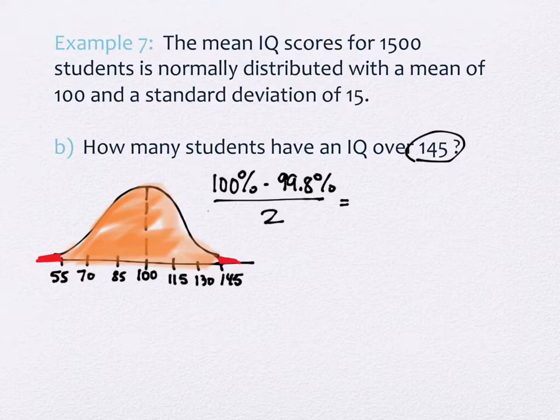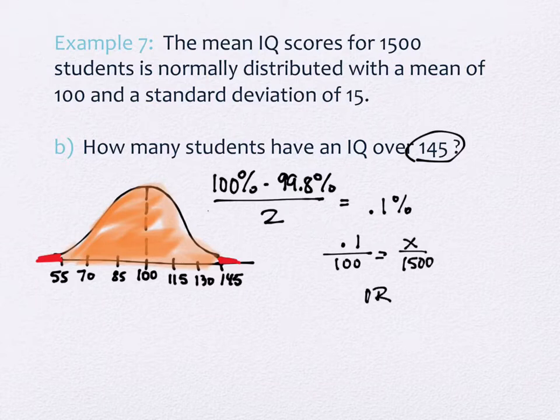Huh? 1%? You're close. 0.1%. That subtraction on top actually ends up being 0.2, and then I get 0.1. So you can either set it up as a proportion, 0.1 over 100 equals x over 1,500. Or you can set it up as taking that 0.1 and turning it into a decimal.